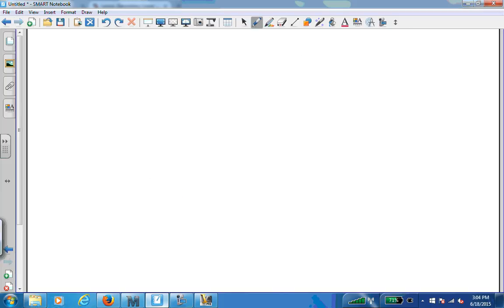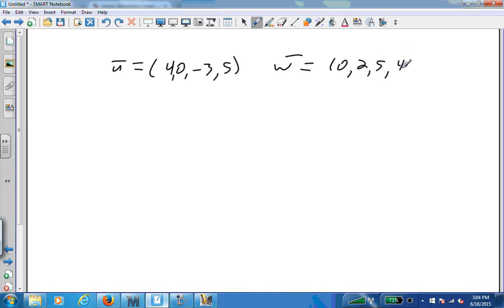So let's do 1 or 2 problems, and that should be sufficient for 4.1. If we have vector u, which is 4, 0, -3, 5, and w, which is 0, 2, 5, 4, let's get u minus w.